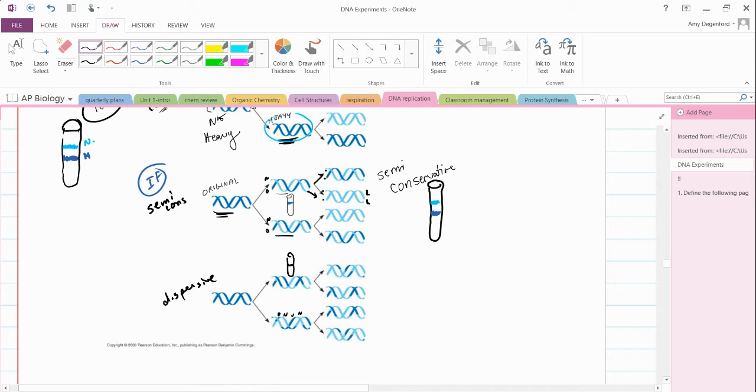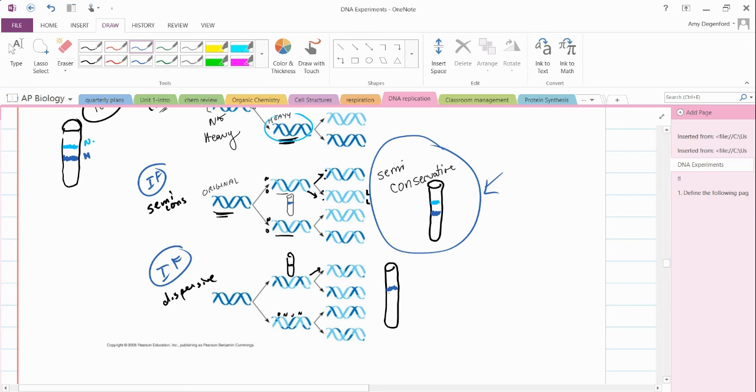In the dispersive, we would get a mix of light and heavy all spread out. And so the prediction would be in dispersive, we would see the bands just slightly higher, but we'd only see one band. So now again, we've got an if-then statement that allows us to conclusively say, if it's semi-conservative, it should look like this. If it is dispersive, it should look like this.